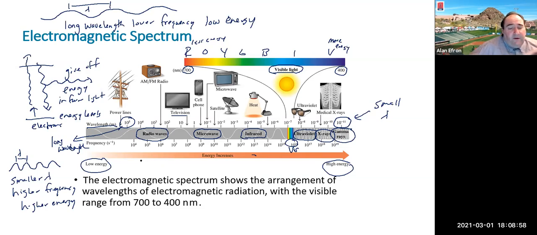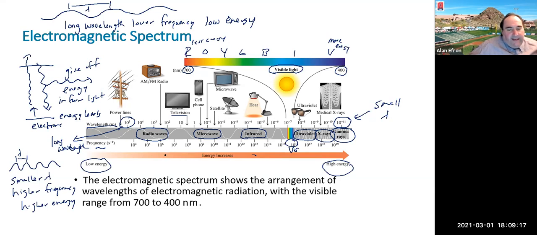So as we go left to right on this picture, lower energy to higher energy, longer wavelength to shorter wavelength, and in terms of frequency, lower frequency to higher frequency as we go left to right here. You do need to know the order here.